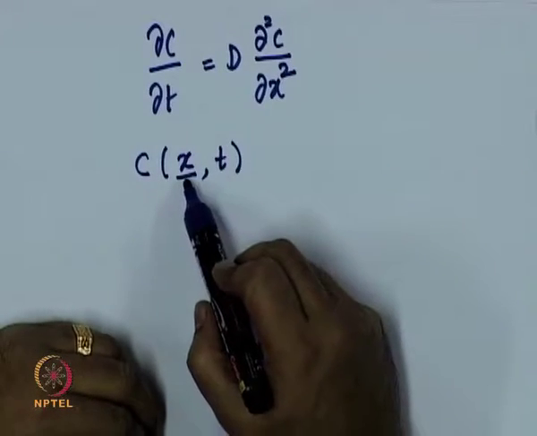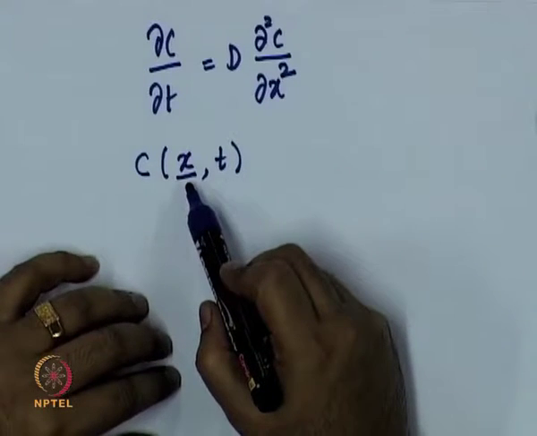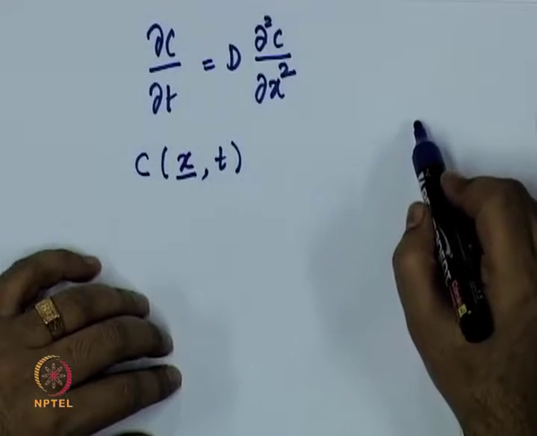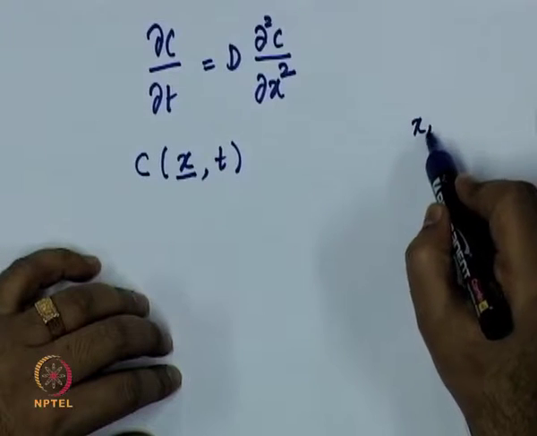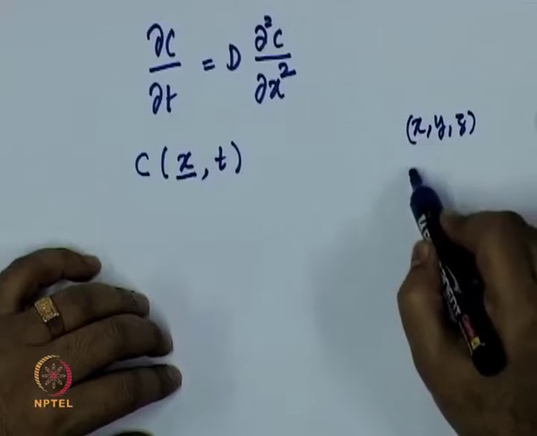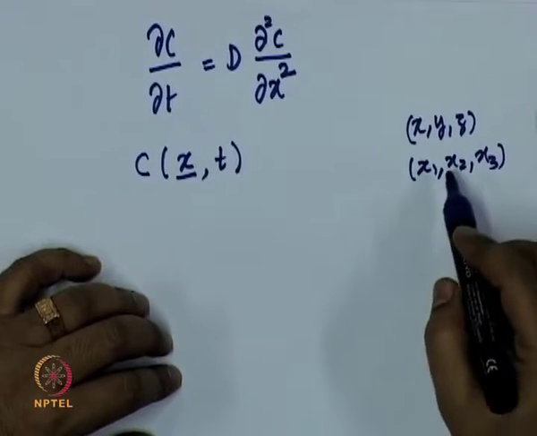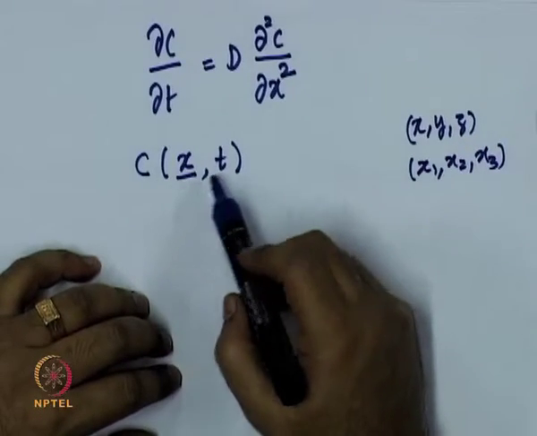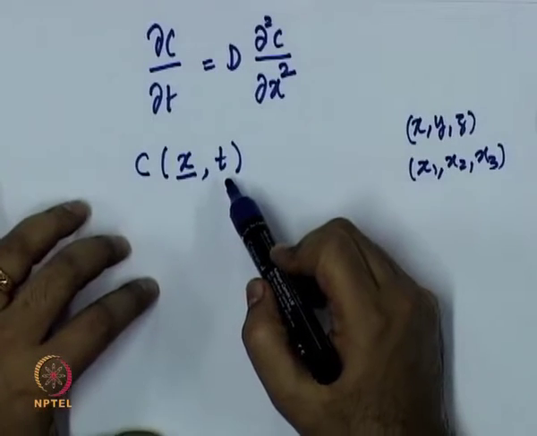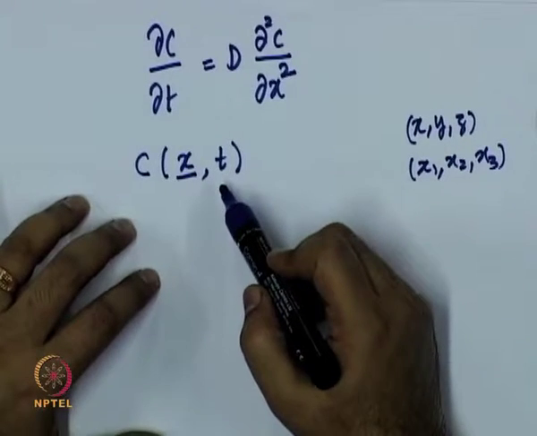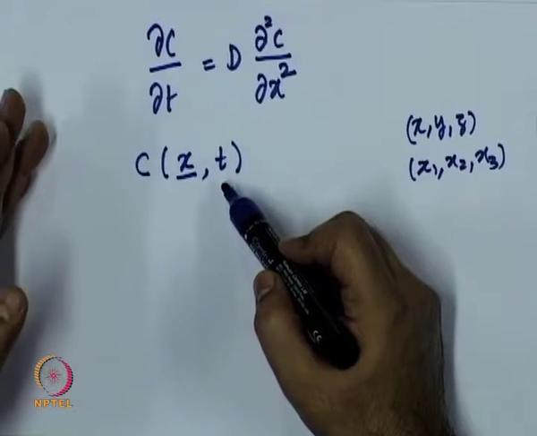Okay. The line below x indicates that x is a vector, because the position is basically given by x, y, z, or x1, x2, x3. Okay. So, x is a vector and t is time. When we say Fourier transform, there are two Fourier transforms one can think of.